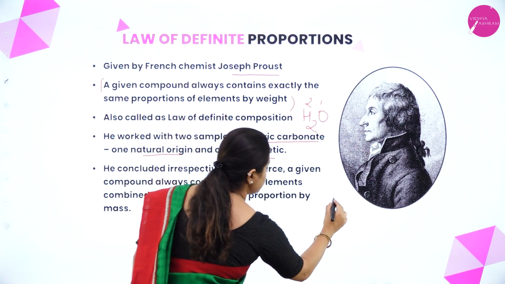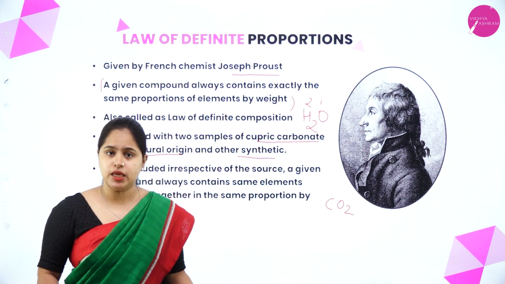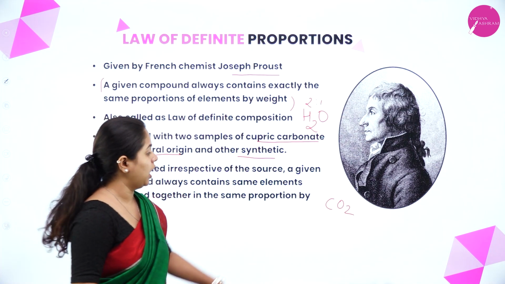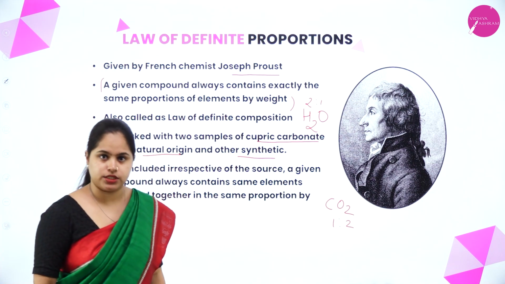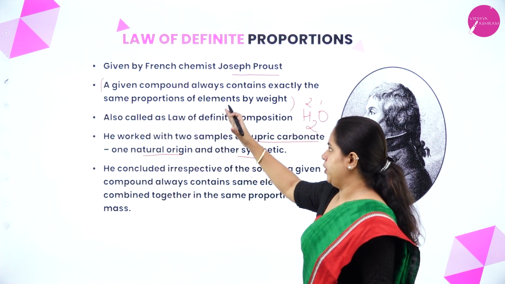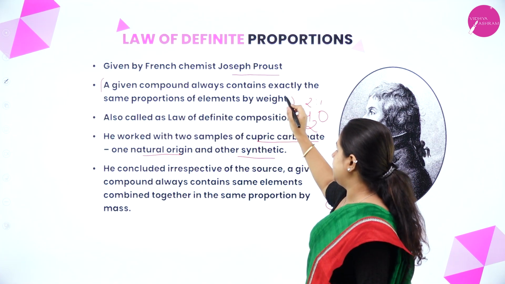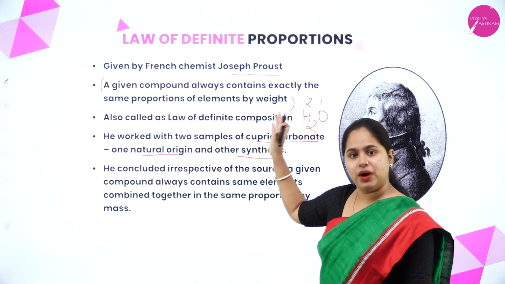So let us take the example of carbon dioxide. From any source or any chemical reaction you obtain carbon dioxide, the ratio between carbon and oxygen will always be a constant, right? So that is what the statement says here. A given compound, let's take a given compound, that is your water, always contains exactly the same proportion of elements by weight.